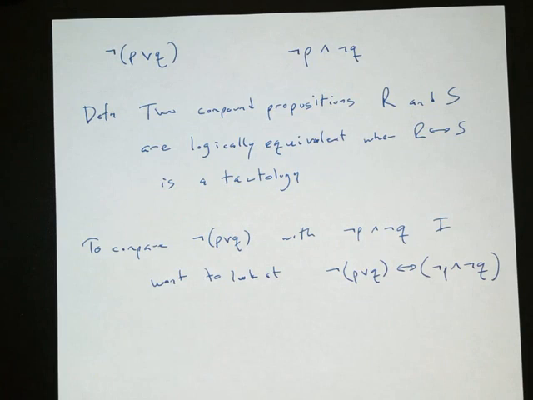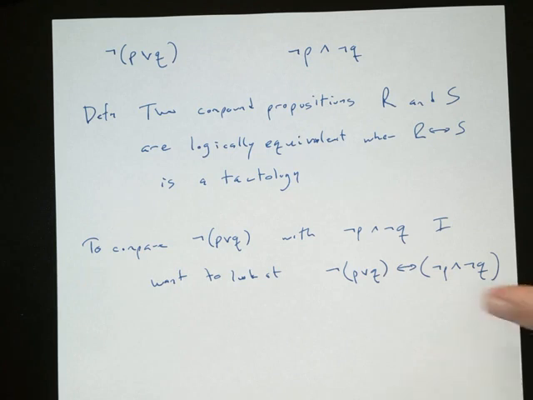And what I want, when all is said and done, is every row to be a true. Because that's what a tautology means. So my question to you is, are these two things logically equivalent?